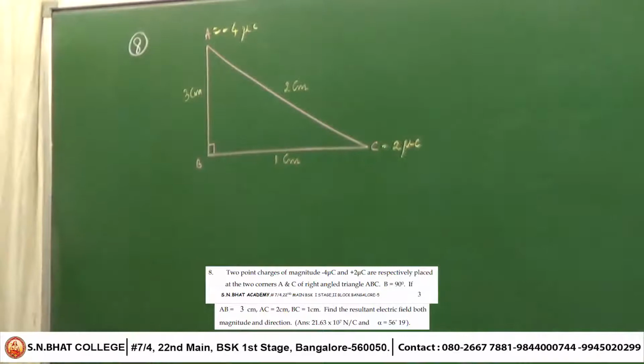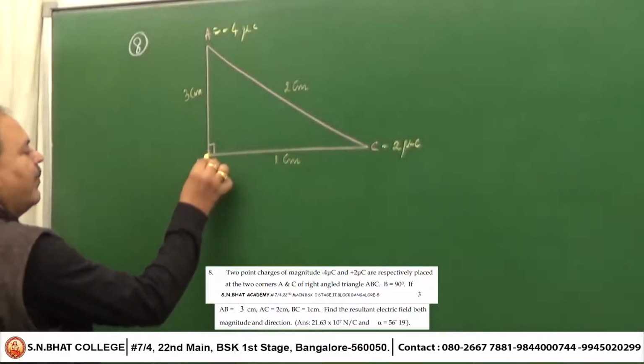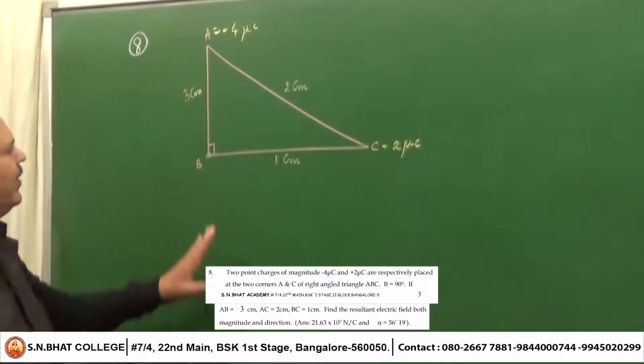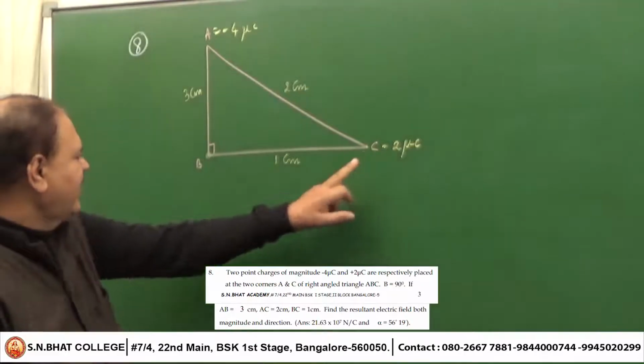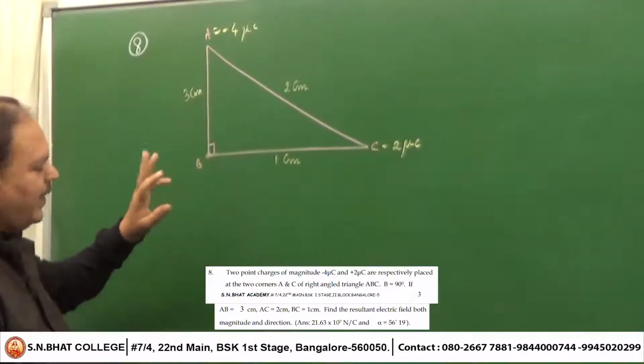Then what do you want? Find the resultant field both in magnitude and the direction at the corner B. Remember, at the corner B. You want to calculate the resultant field. Very important. How will you calculate this? I think you have understood the problem. You have 2 charges at A and C. You want to calculate the resultant field at the point B.